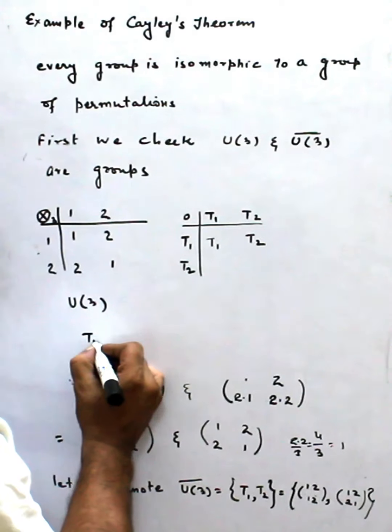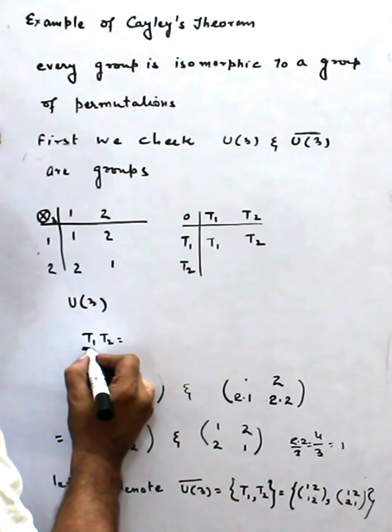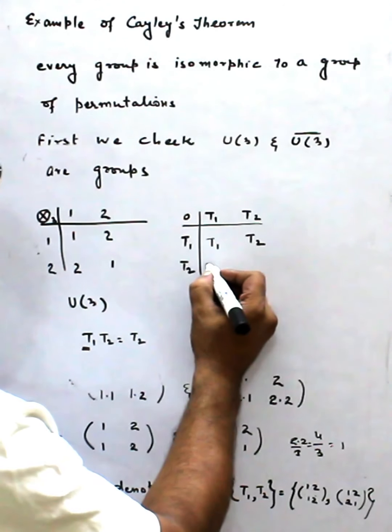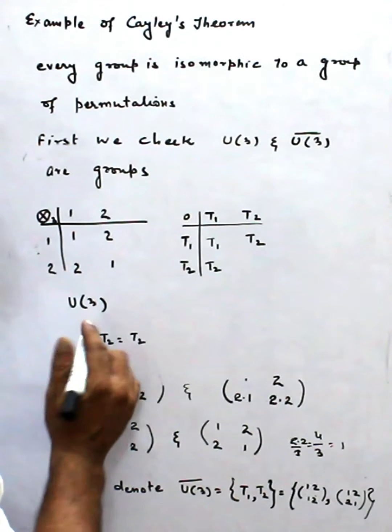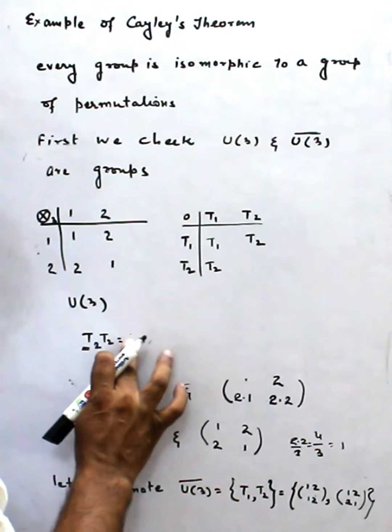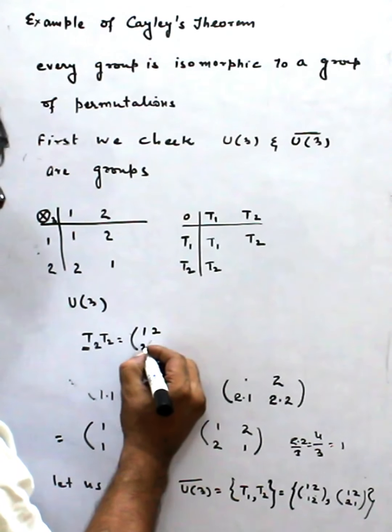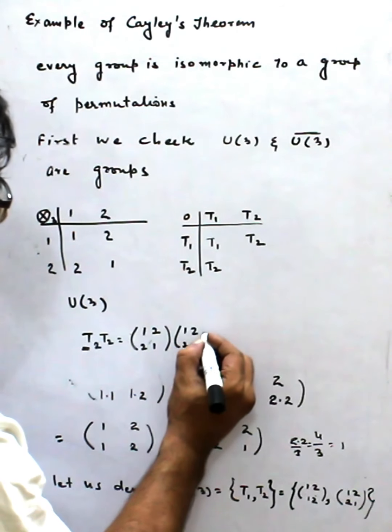Because this is identity, obviously we get T2. Now what is T2 T2? Actually T2 is 1 2 2 1, and this is 1 2 2 1.